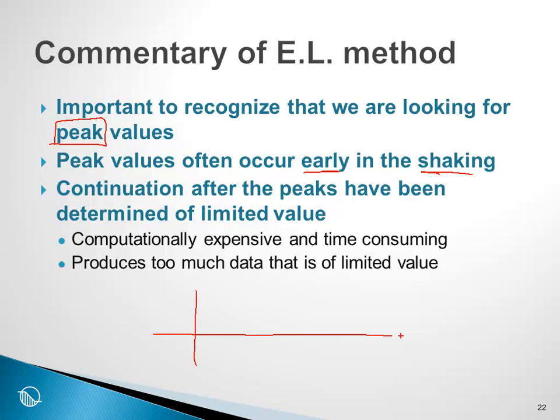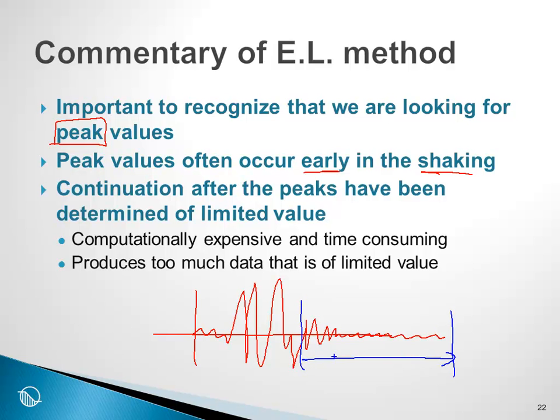So if we have an earthquake record and we have some large, strong motion shaking, then this part of the analysis is kind of irrelevant because the peaks occurred in this part of the analysis. So doing this part of the analysis provides no additional information in the equivalent linear method. It just produces too much data that is of limited value. Once again, we'll come back to this in the next segment.